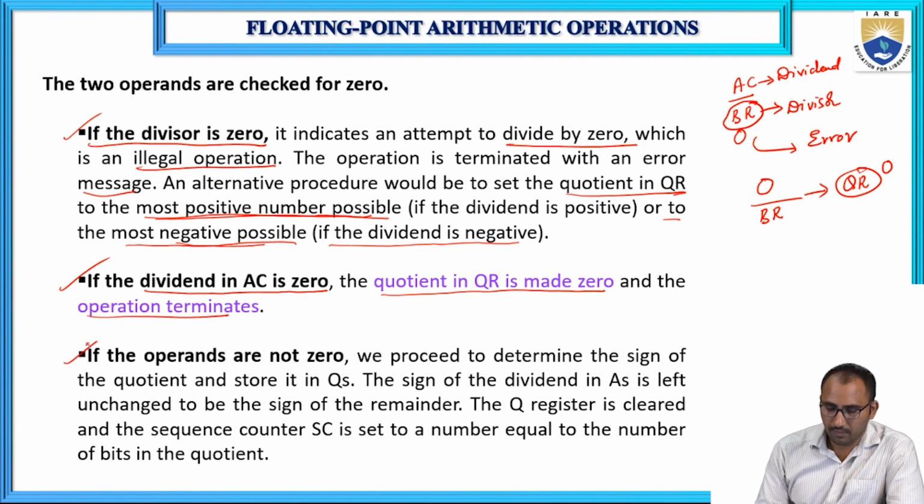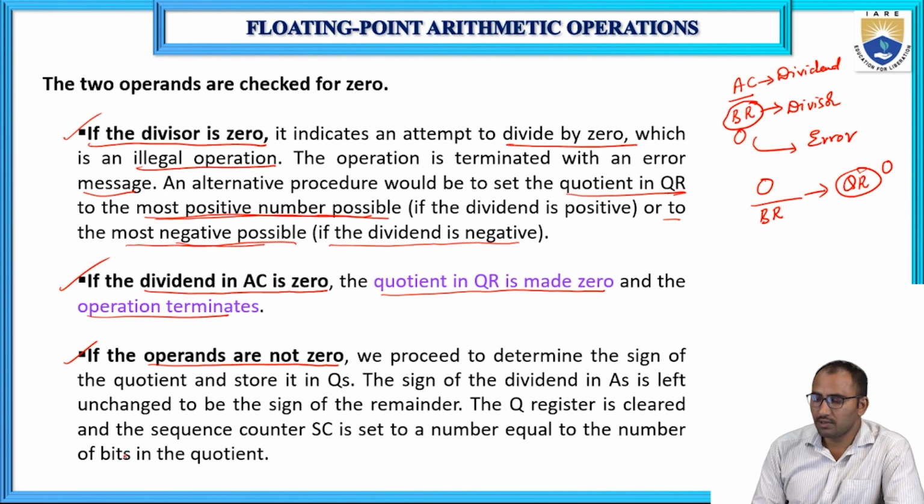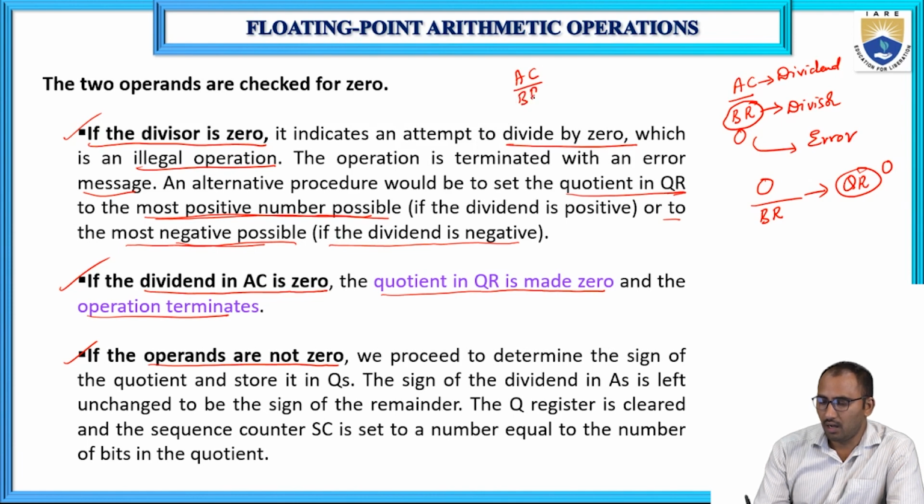The third case is if the operands are not 0. If both the dividend and divisor are not zero, then we can proceed to the division operation.